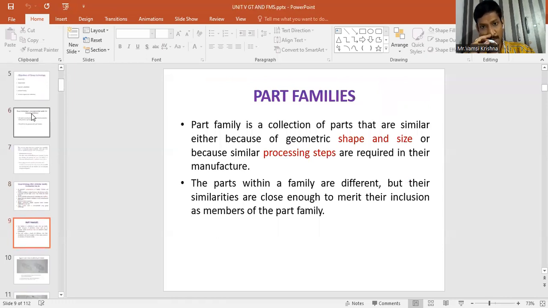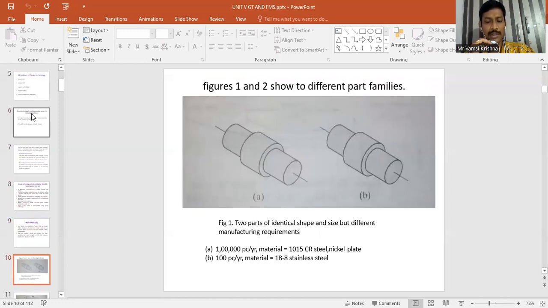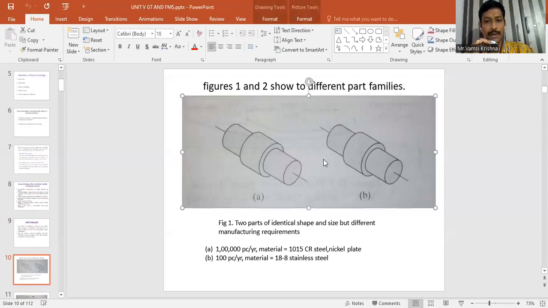Regarding part families, a part family is a collection of parts based on their design manufacturing attributes. Say for example, if you take these two components, they appear to be the same if you consider the geometry. But the problem is, let us say the first component is made out of 1015 CR steel with nickel plating, and they are manufacturing 1 lakh parts per year, whereas the second is 188 stainless steel, which they are manufacturing 100 pieces per year.